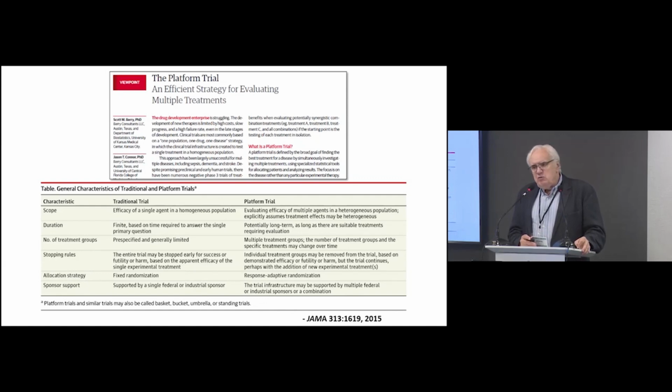You can use additional elements, and I'm going to get on to the concept of adaptive designs in platform trials, because a platform trial doesn't need to be adaptive. The adaptive is a separate concept, but platform trials are ideally situated for adaptive designs. Perhaps one of the most important things about platform trials is there's often multiple sponsors for them, multiple funders, multiple sponsors over time.